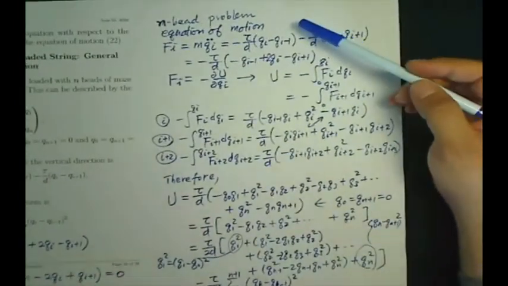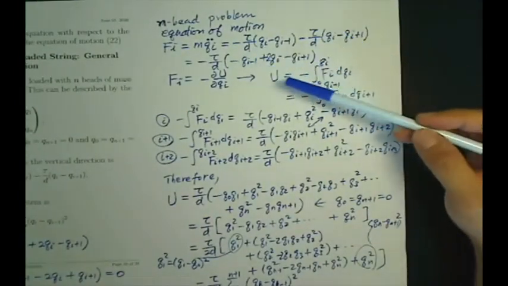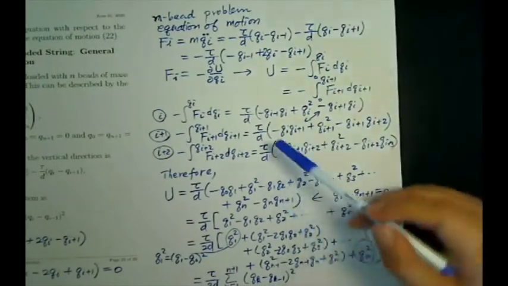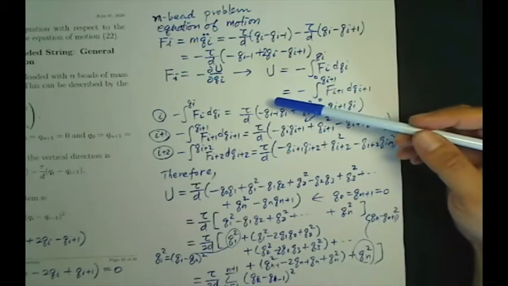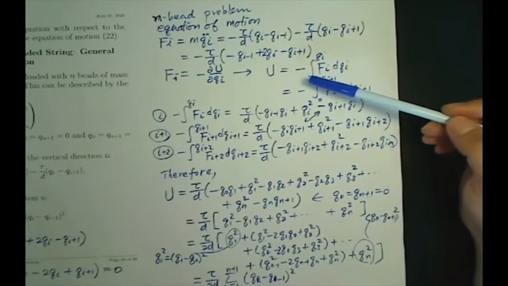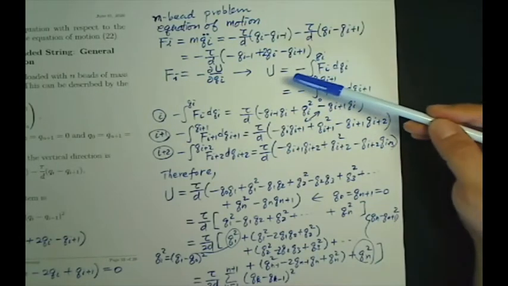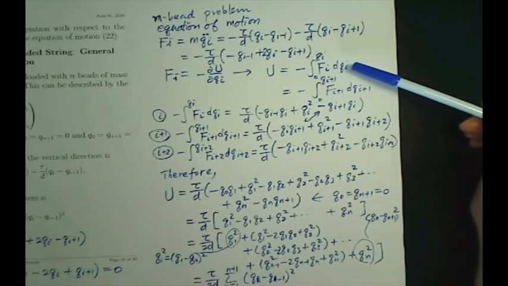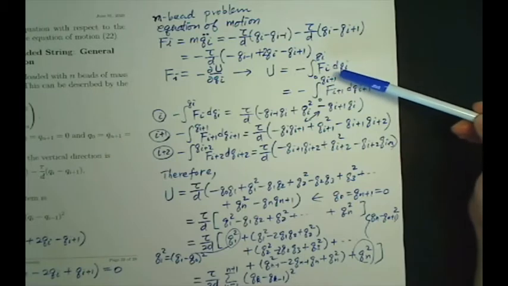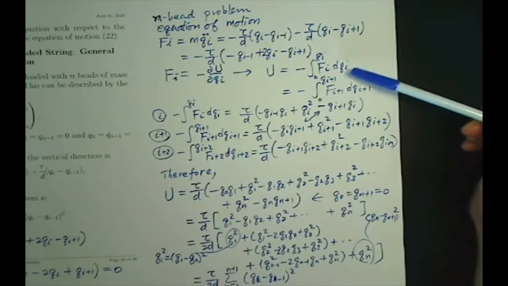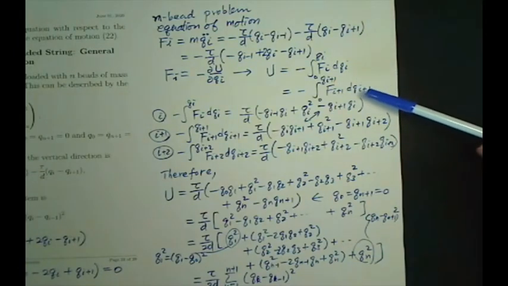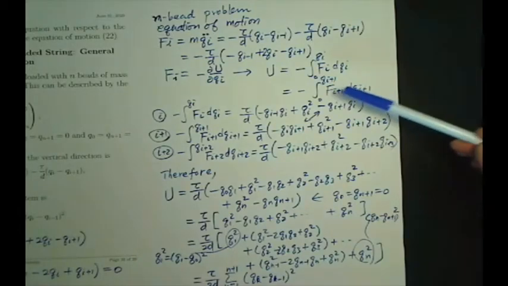For this n-bead problem of equal spacing d, the equation of motion is still the same. Let us repeat the calculation for the potential energy. The potential energy can be computed by integrating the minus external force over each coordinate. This can be obtained by integrating over qi, integrating over qi plus 1, and integrating over qn.